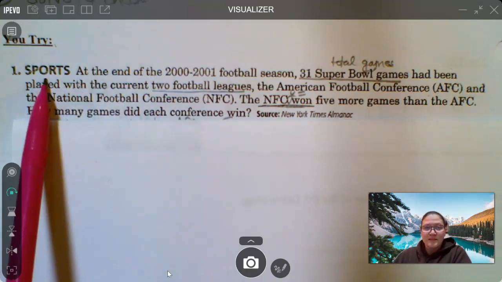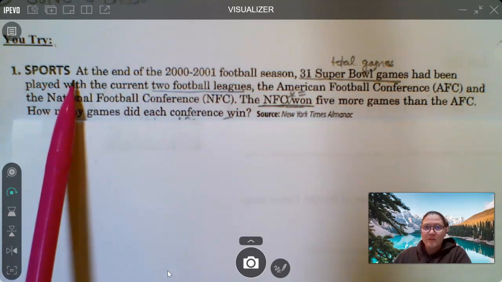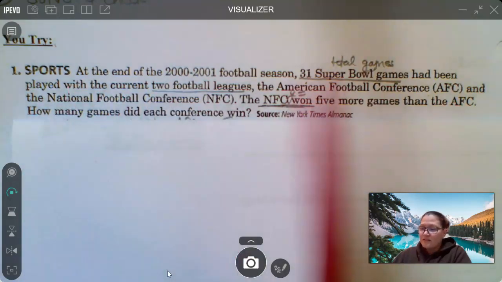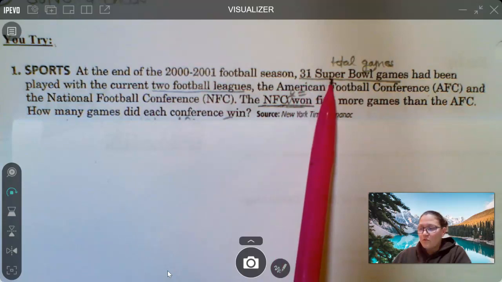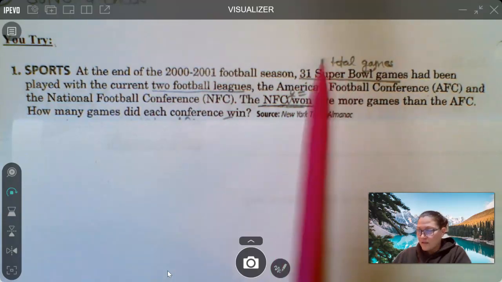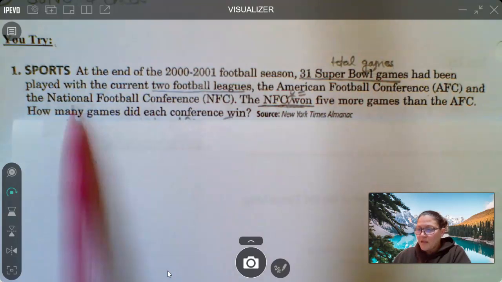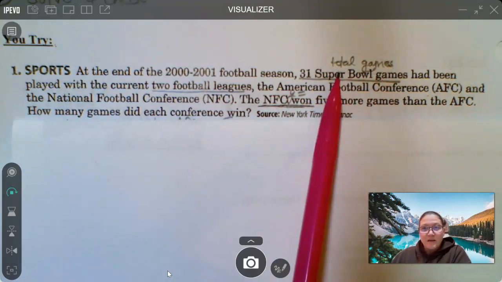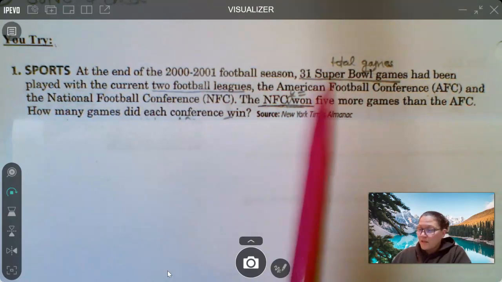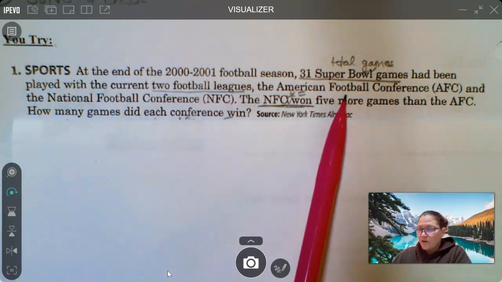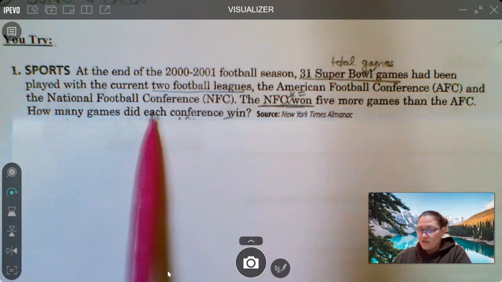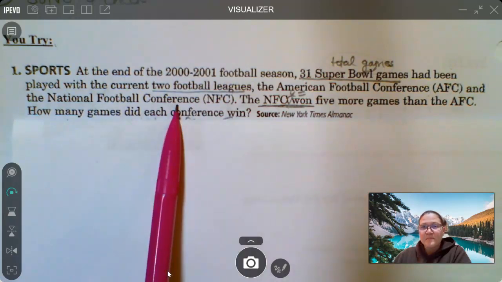Okay, so when I read this example, which is a sports example, I've marked some things. So I first marked that there have been 31 total Super Bowl games. So total games. So that's going to be something in my equation as a total. I've also noted that there's 2 football leagues, the American Football Conference and the National Football Conference.